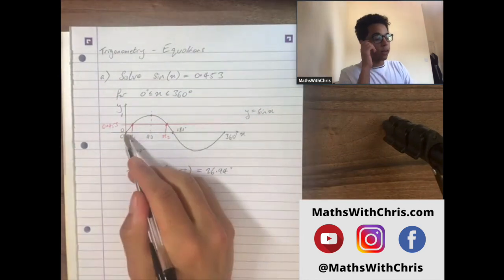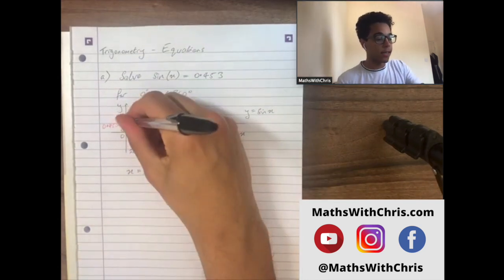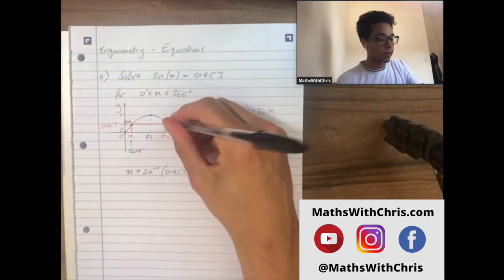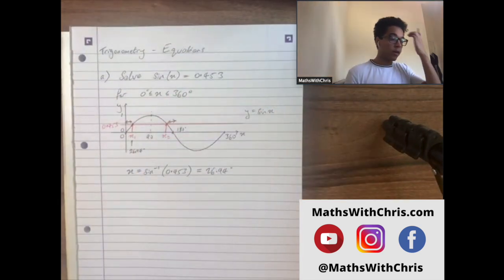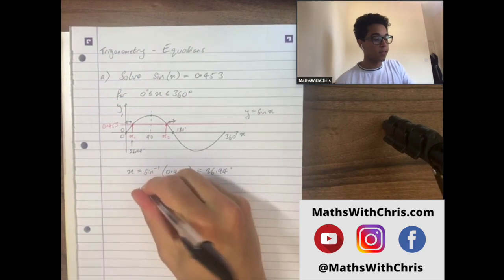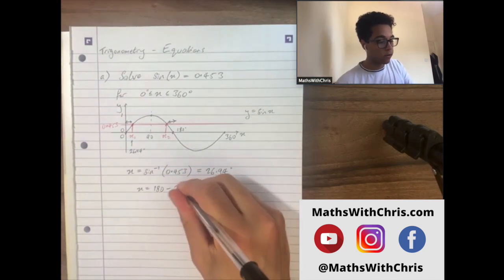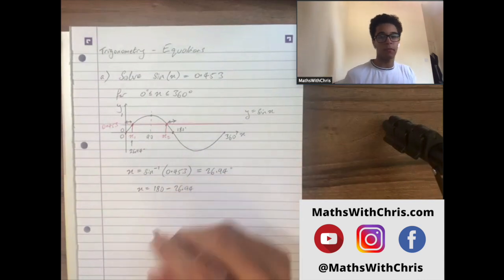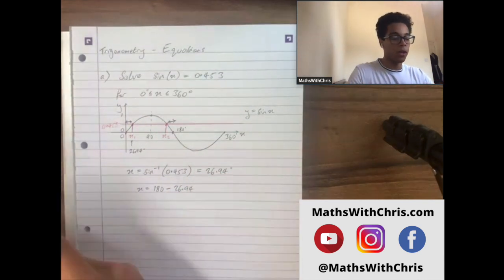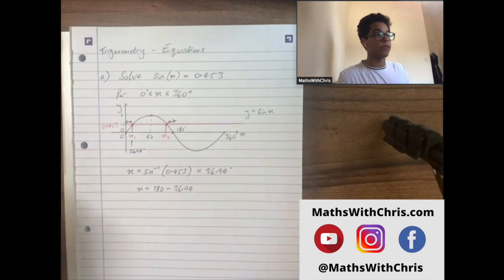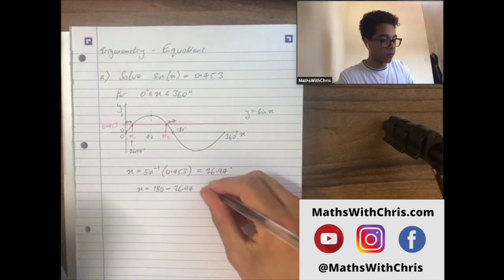So if we're going 26 degrees in here, that's like saying we need to come along 26 degrees in here. So the other value of x is equal to 180 take away the 26.94. So we would do 180 take away 26.94, and that gives us a second solution.